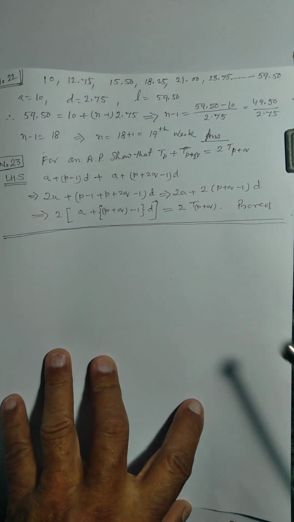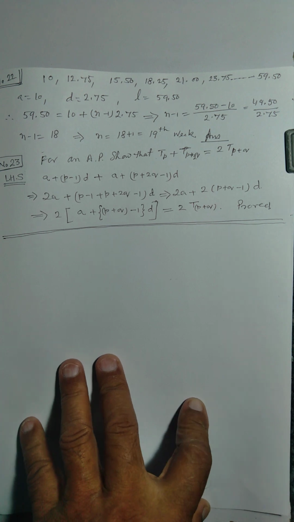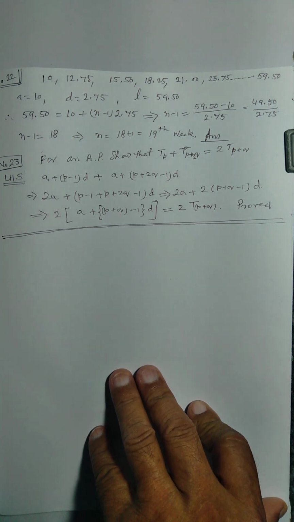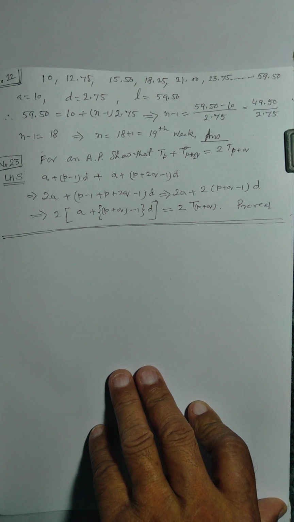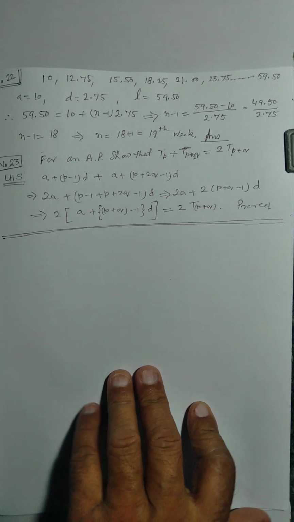Now question number 23, which states that for an AP, the pth term plus the P plus 2Qth term is equal to twice of the P plus Qth term.